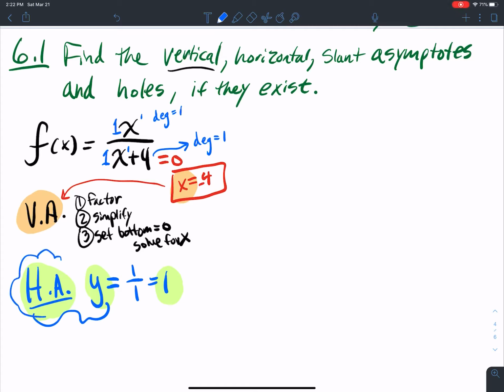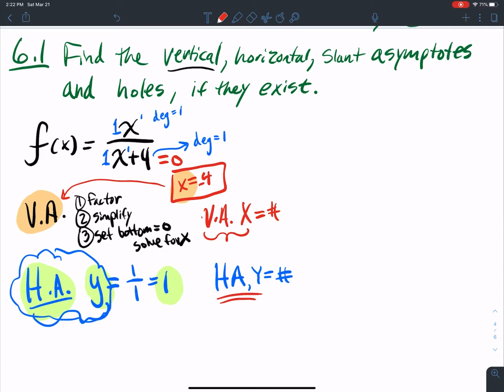So I got H-A-Y, so y equals some number. And whenever it's a vertical asymptote, it's V.A, and then x equals some number. So maybe it's like vax. I don't know. But this one really works for me. Hey, that's how I figure it out.